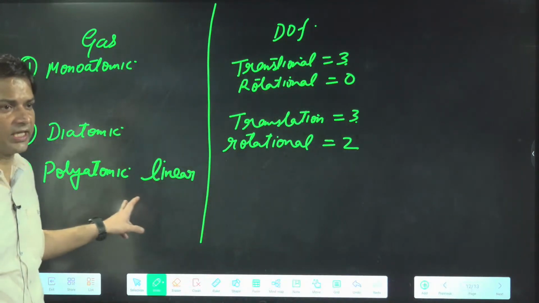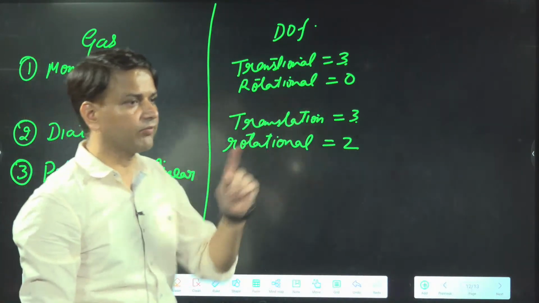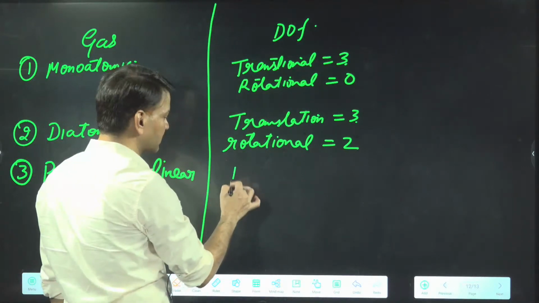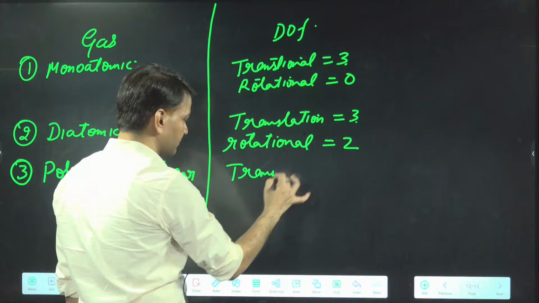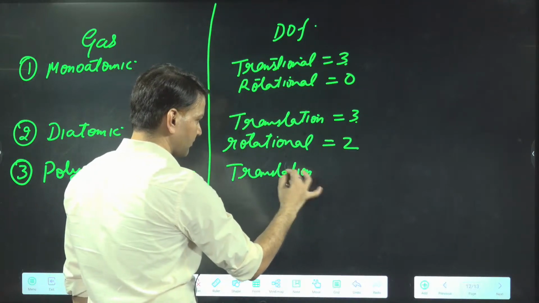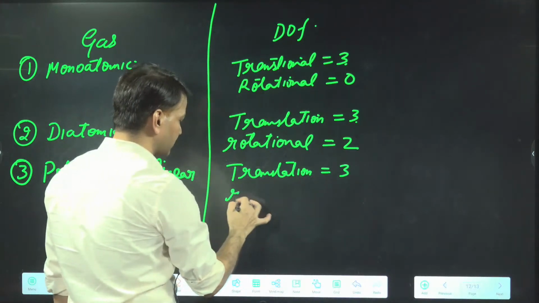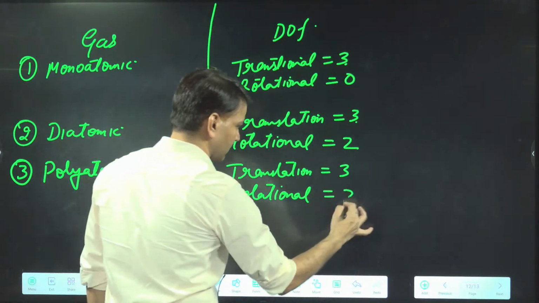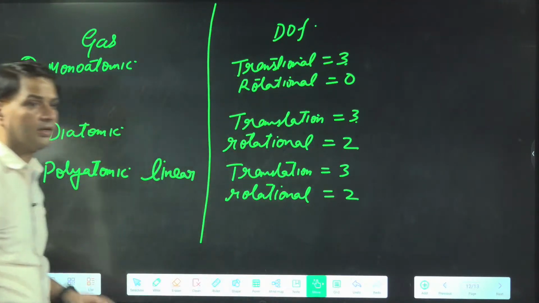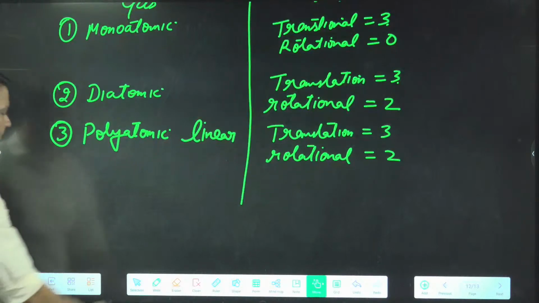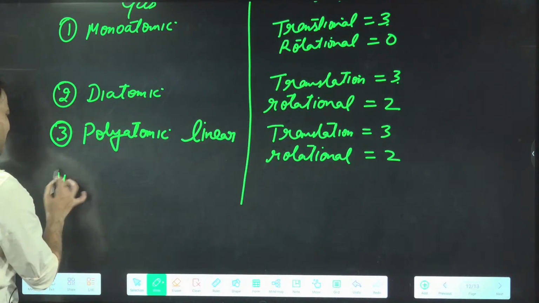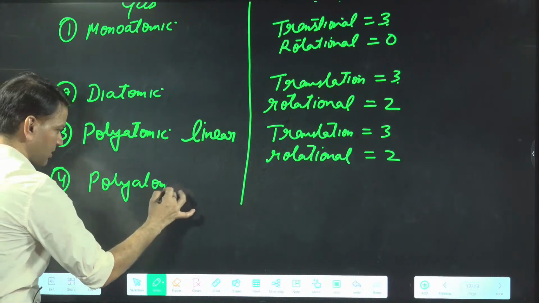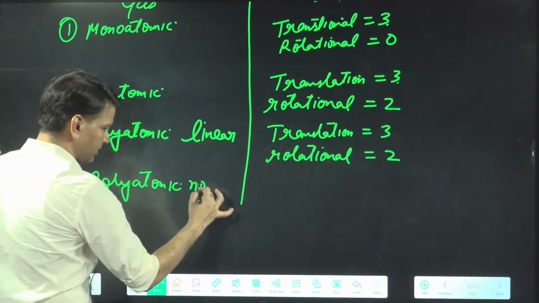So if it is a linear molecule like the diatomic, then 1 rotational degree of freedom becomes 0. Translation will be 3 and rotational will be 2. But if they are saying polyatomic, directly we have to remember, no need to think more, polyatomic non-linear.